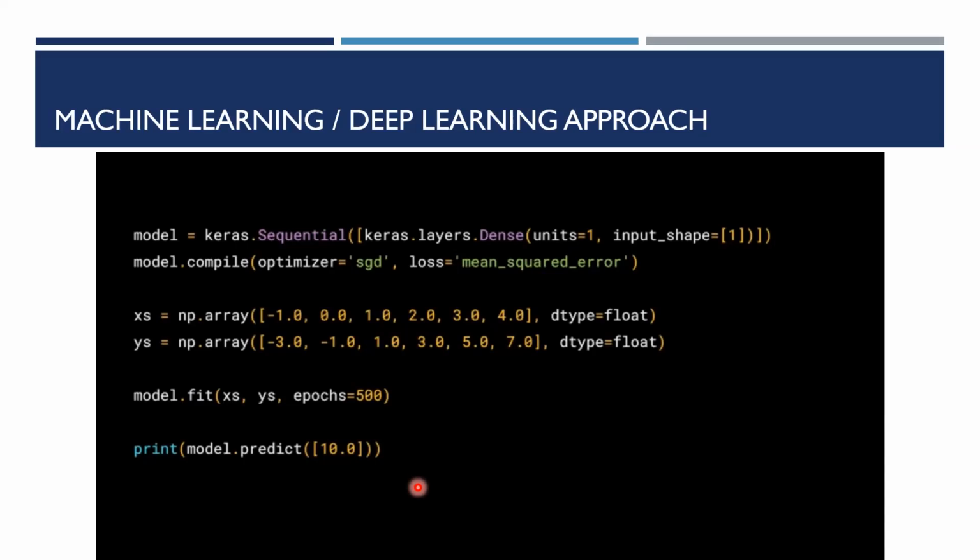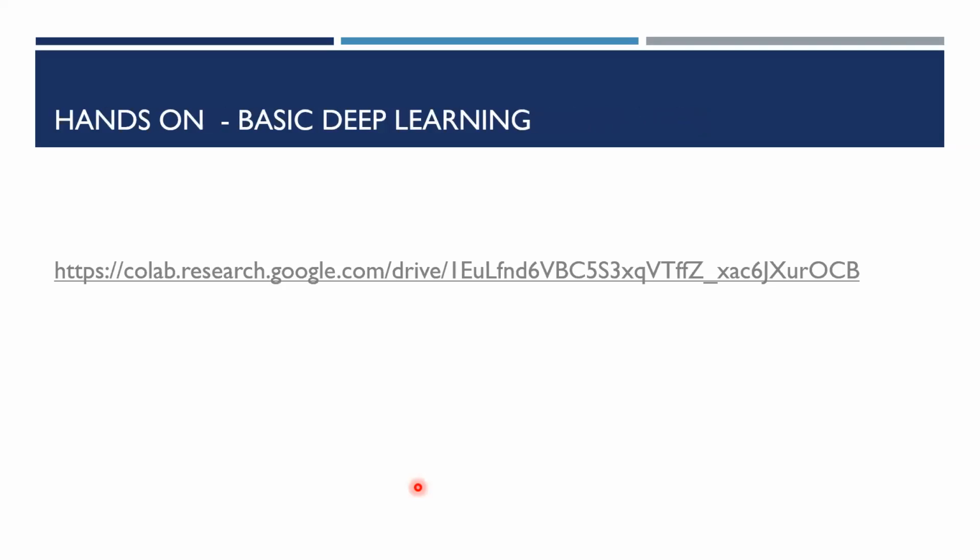So through this going back and forth, it is trying to converge on the actual result. Okay, so let's move ahead. Let's go ahead and try to work on the Colab platform.